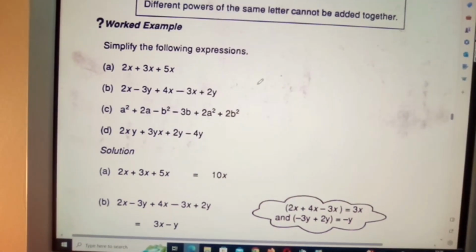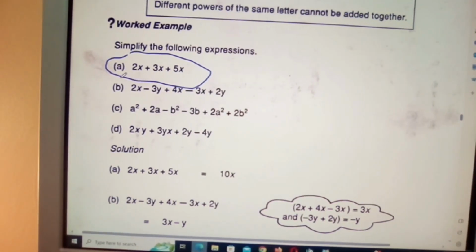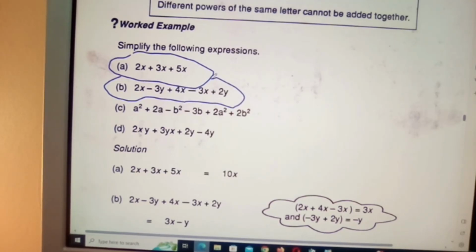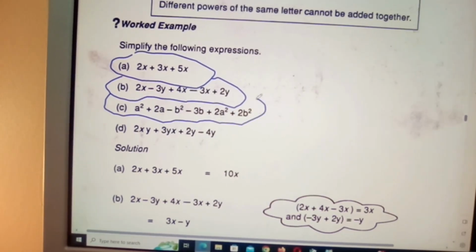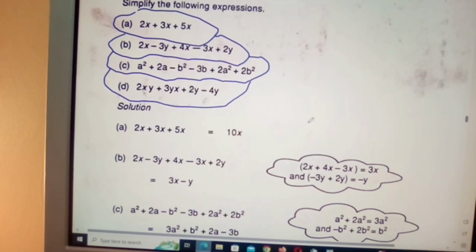Okay? So, worked examples. Simplify the following expressions. And that is the one we're going to look at first, then this one, then this one, then this one.